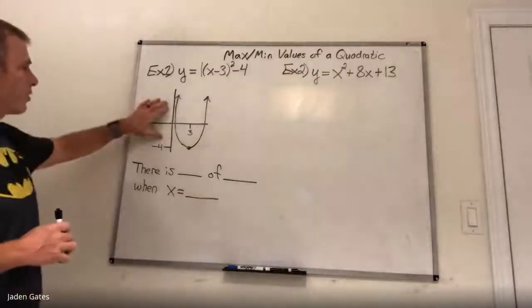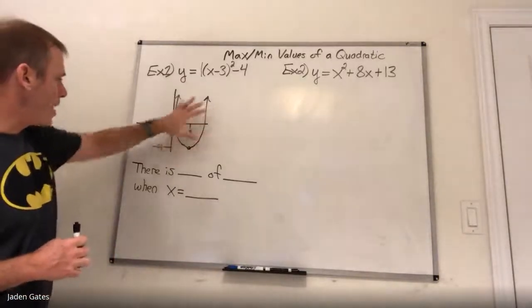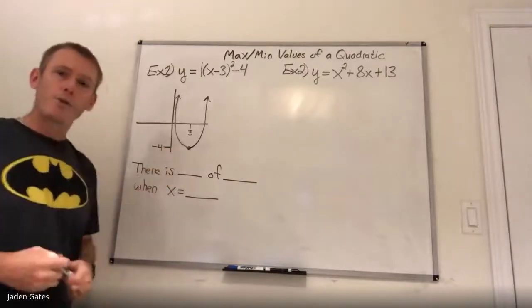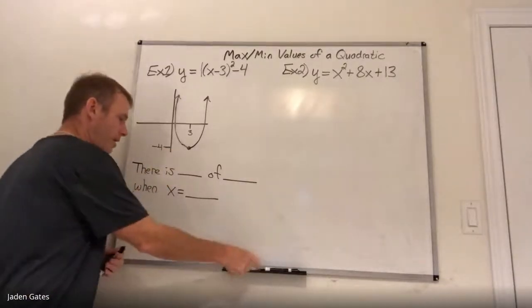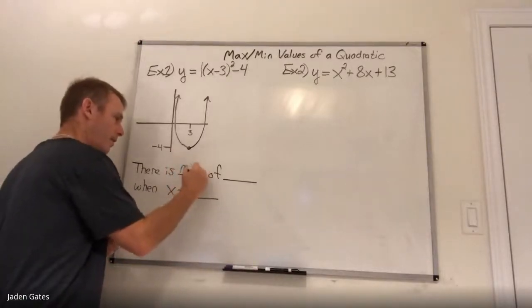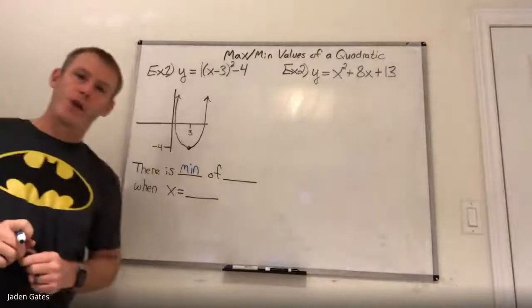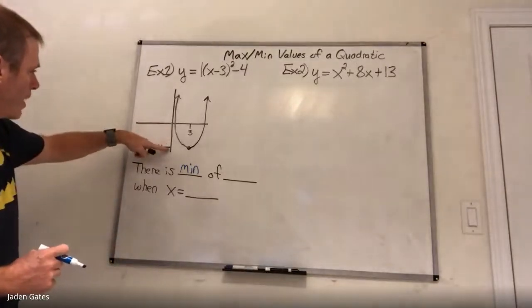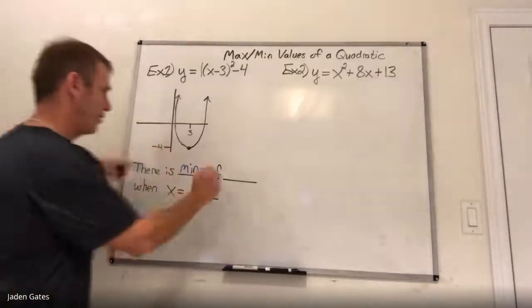So in this particular example of my parabola, because it opens up, that means it has a low spot. So there is a min. How low does it go? Well, this parabola goes down to a height of -4.